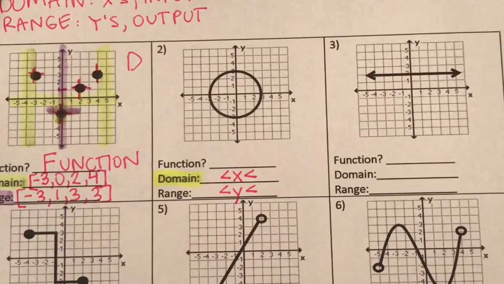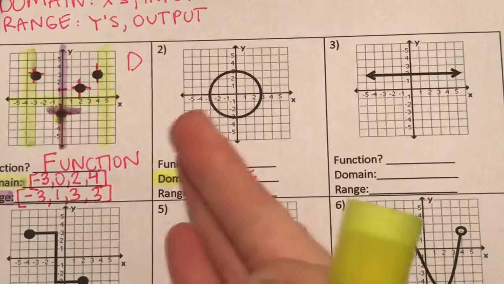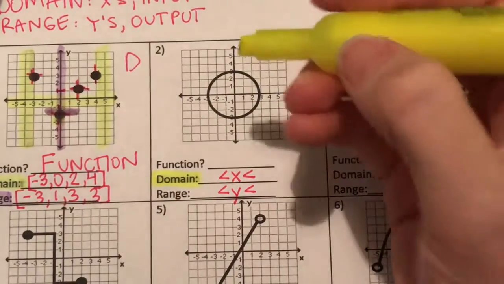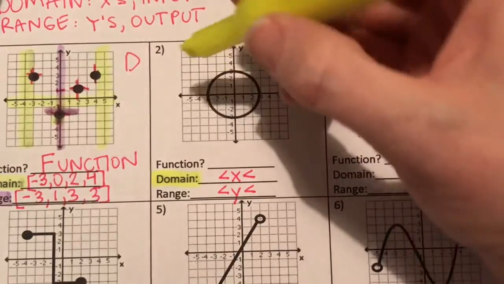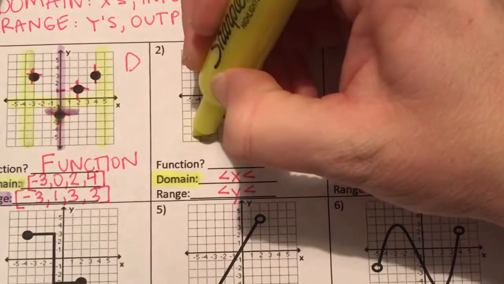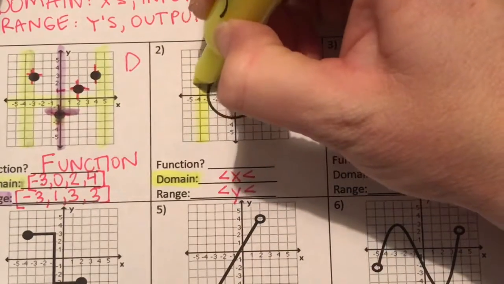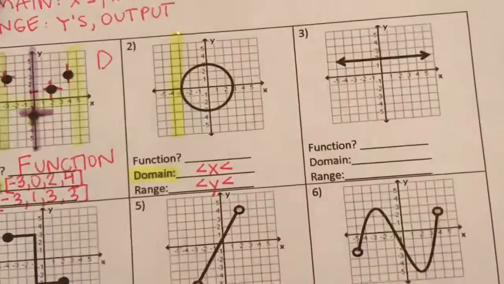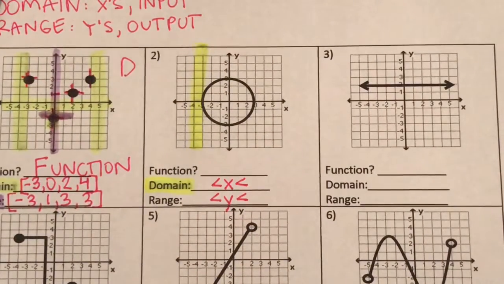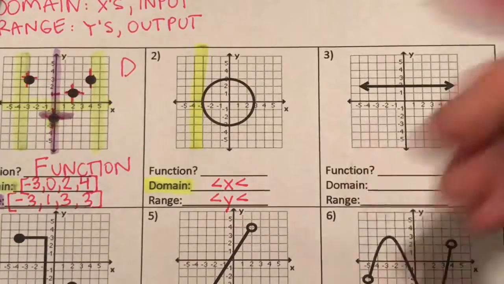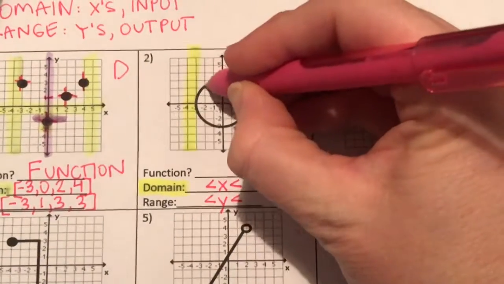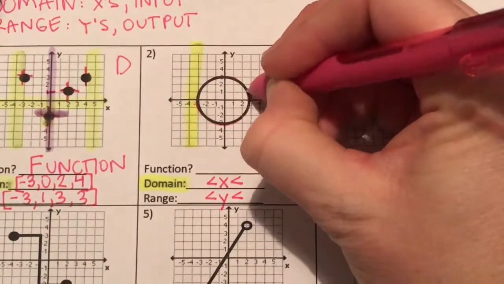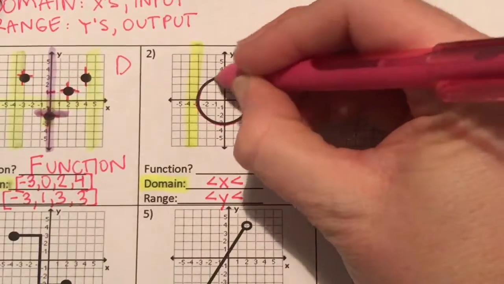Okay, so again, we're going to start with domain. So I'm always going to work from left to right. So I'm going to start from the left, and I'm going to go on the very outside of my graph. And when I say graph, I am not talking about the coordinate grid. I am talking about the actual graph in this sense, the dark circle here.